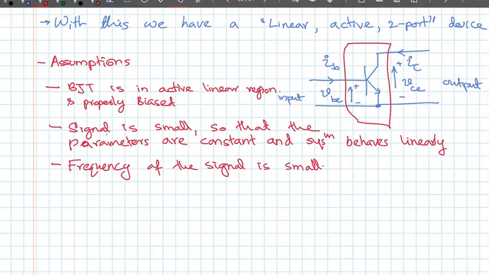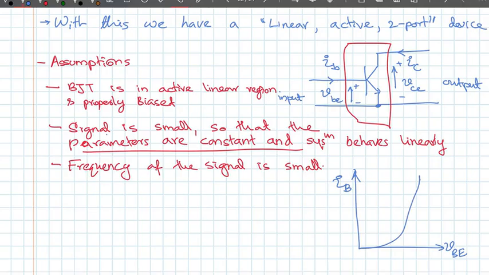Now let me come back to this statement: parameters are constant and the system behaves linearly. So you looked at the behavior of VBE versus IB. It was something like this, an exponential curve, and we said this is its Q point, IBQ, VBEQ. My signal only changed around the Q point.